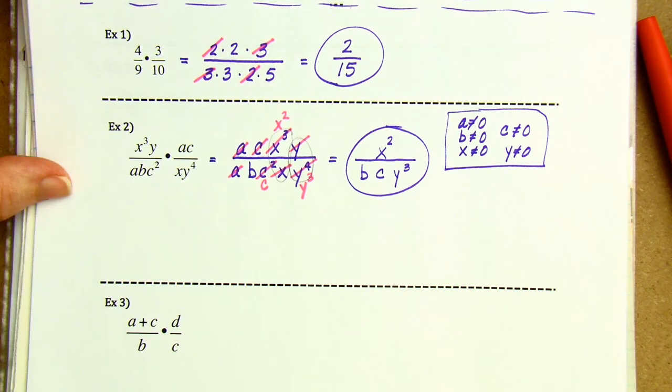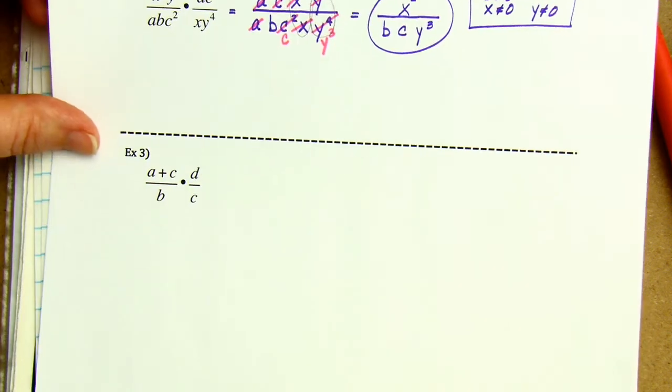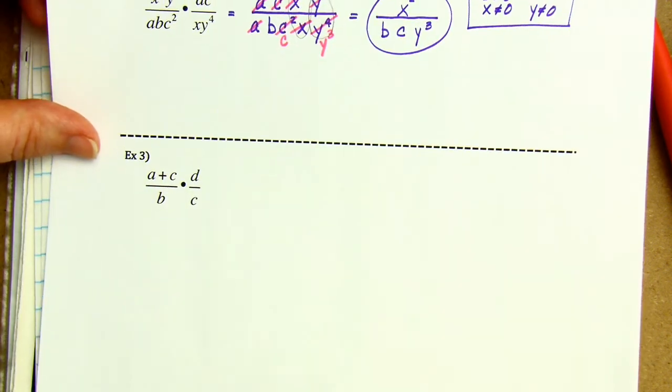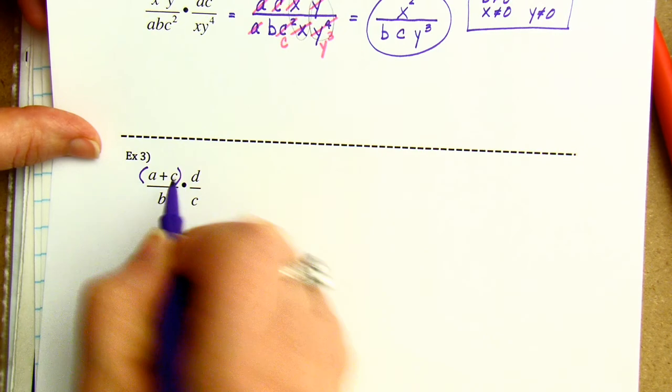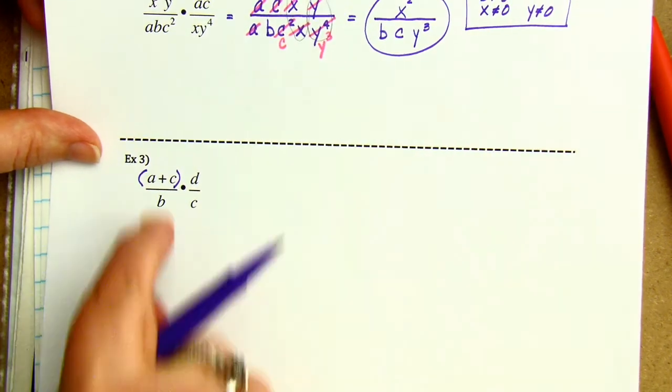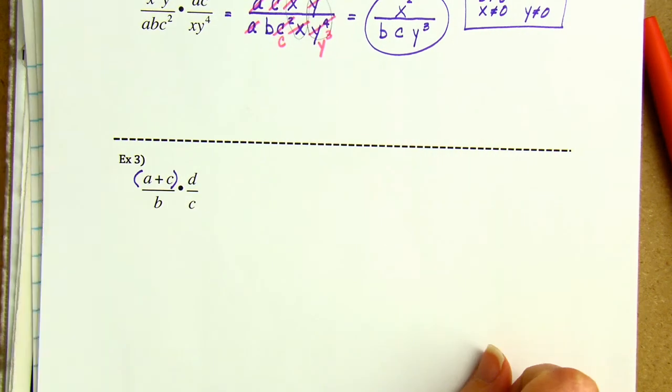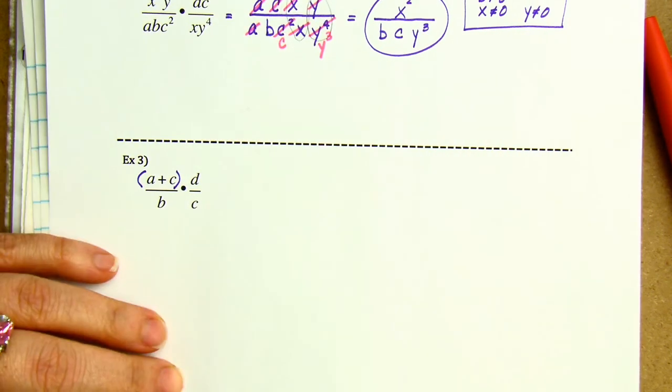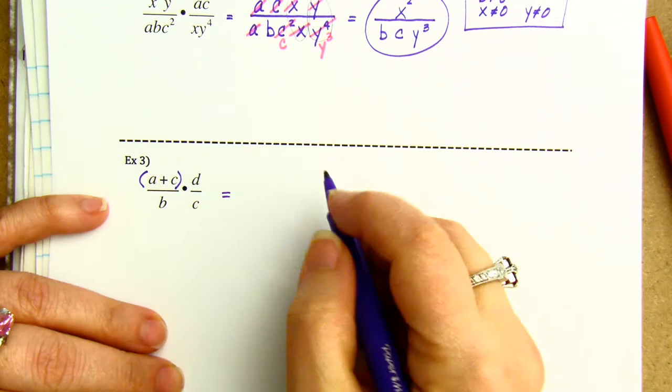All right, let's look at example 3. Now be careful with these. This is a quantity, and I recommend that you group it, because you're going to try to divide out c's and you can't do that, okay? So I'm going to rewrite what this means.